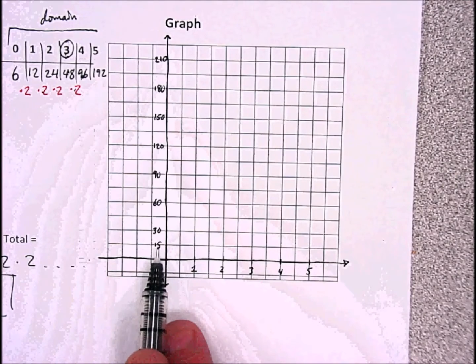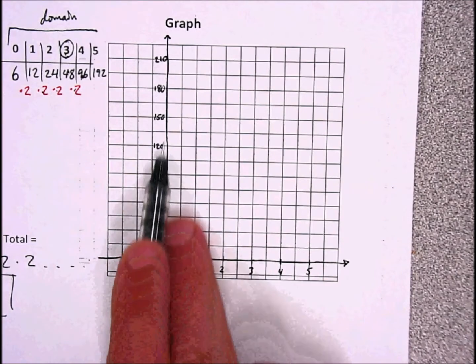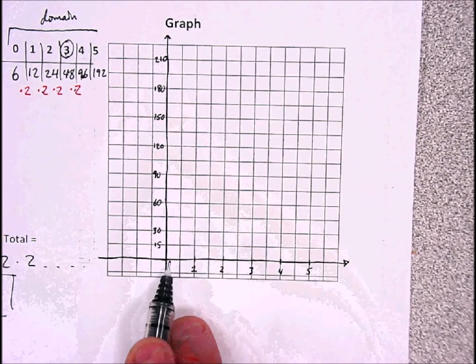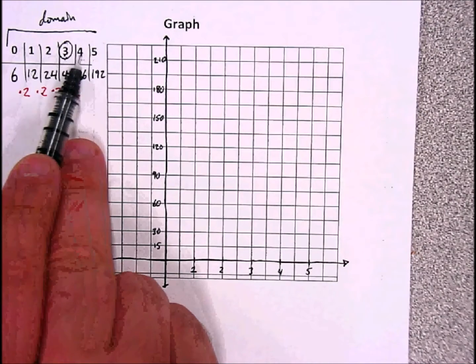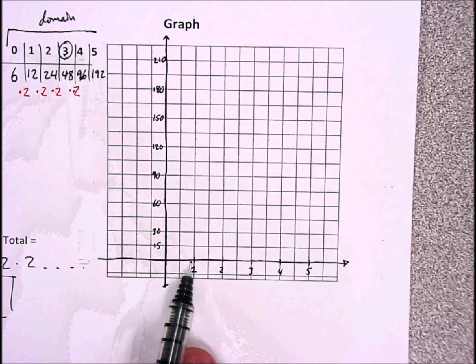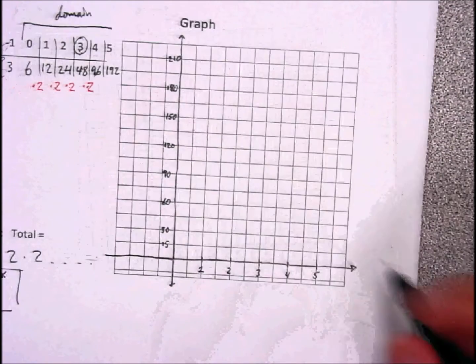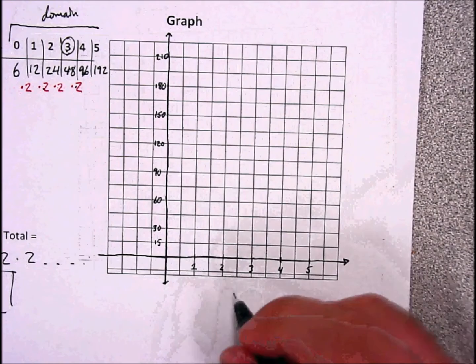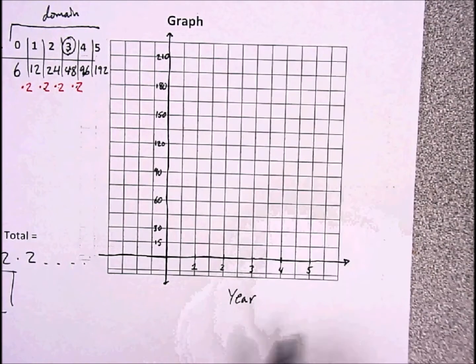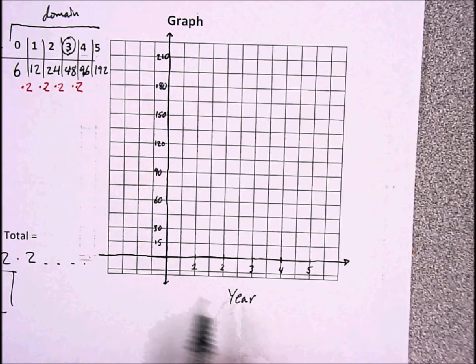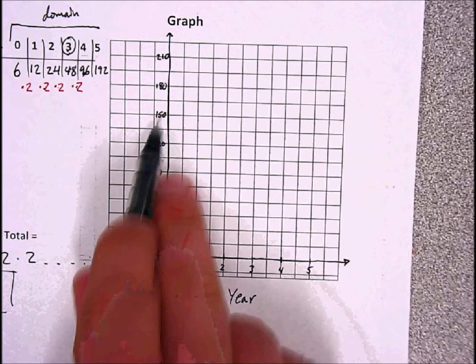And so I'm going to count by 15s going up, and I have a little more room. These numbers only go up to 5, so every 2 squares is going to count for 1 as I go this direction. And this is years, and I thought about calling this my y-axis for years, but that's kind of confusing because usually we call this the x and the y-axis.